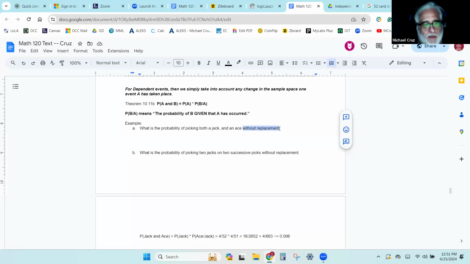If you take a 52 card deck and have someone pull a card out and then put it back in, shuffle, and then have another pick, then those two things are independent. But if the person takes that card and keeps it, and then we have our deck, which now has 51 in it, and we let someone pick, the probability changes.